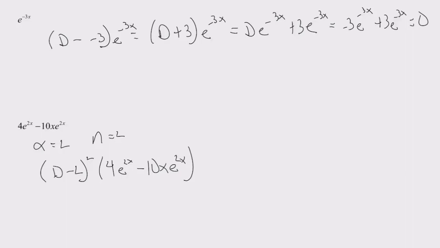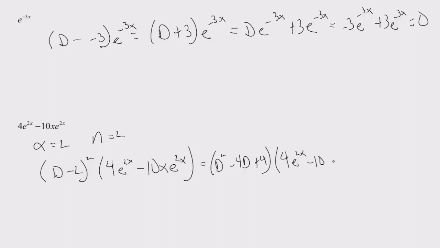Let's have a little fun with this and see why this in fact cancels out. Let's do a little multiplying for ourselves. That d minus 2 squared would be d squared minus 4d plus 4, applied to 4e to the 2x minus 10x e to the 2x.